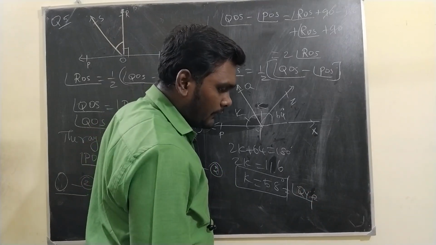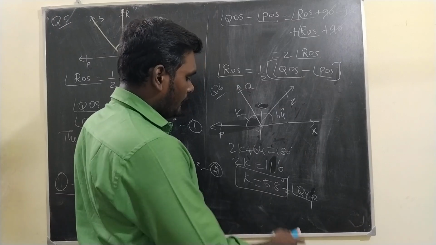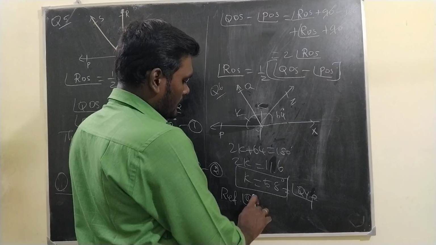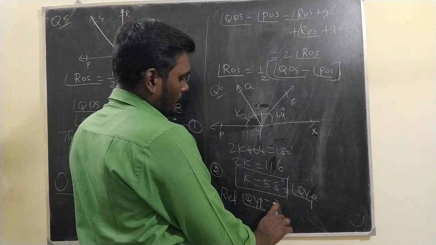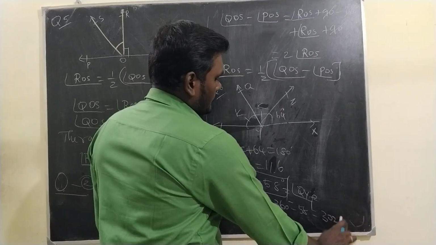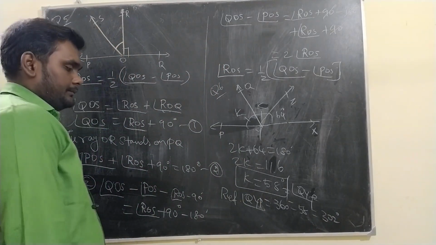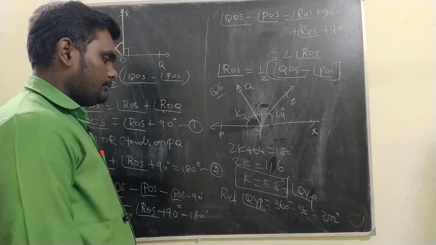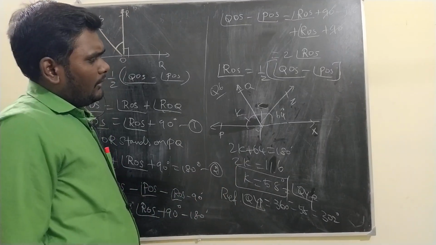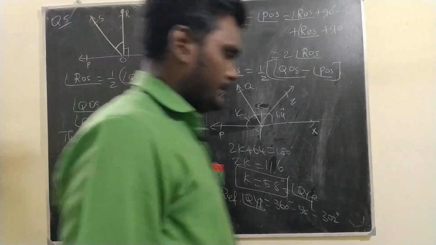And then reflex of QYP. So reflex of QYP, how much? 360 minus 58, 302 degree. And then we have to find XYQ. How will you find?